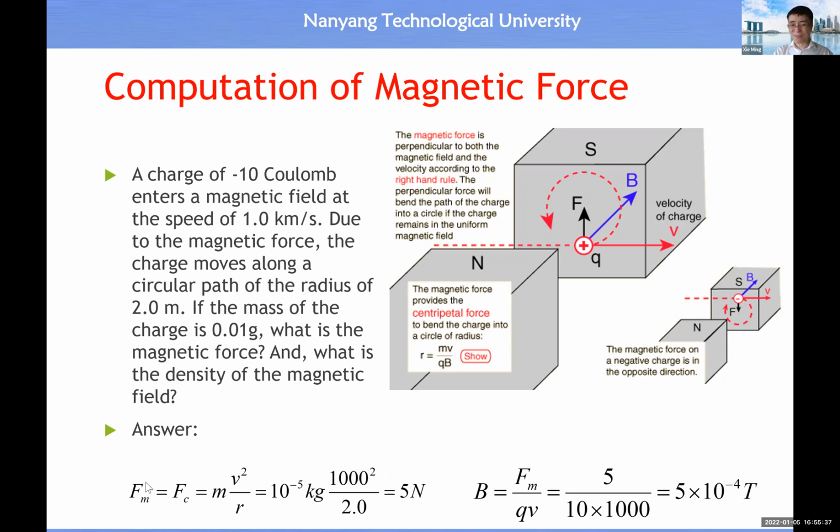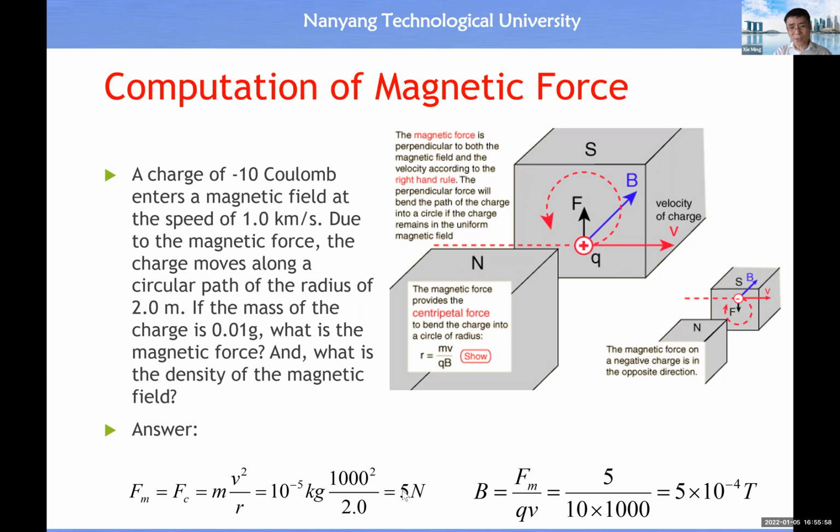So magnetic force should be equal to the mass times radial acceleration. Radial acceleration is equal to circular velocity squared divided by r. We know all these values, then we put in the values and we should be able to get the answer for the magnetic force.